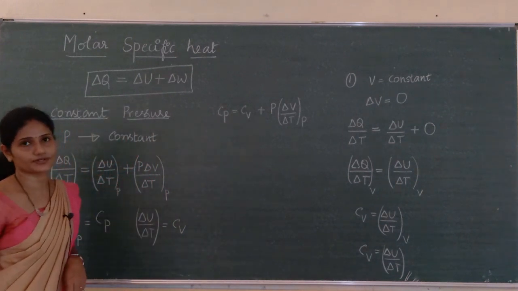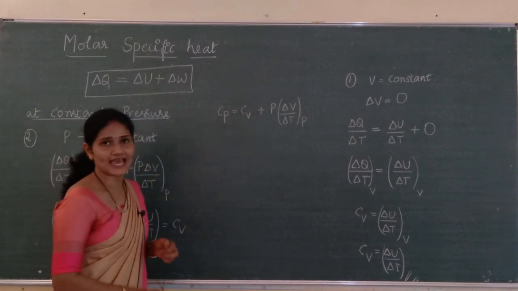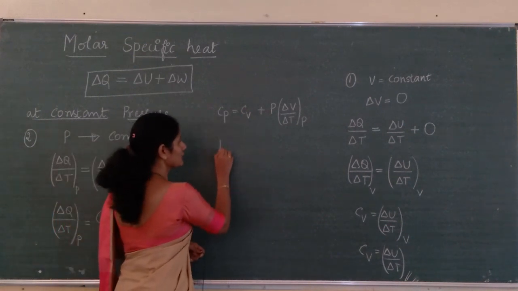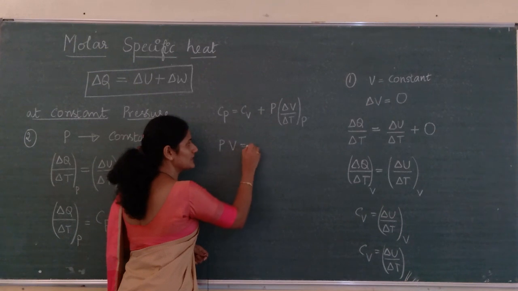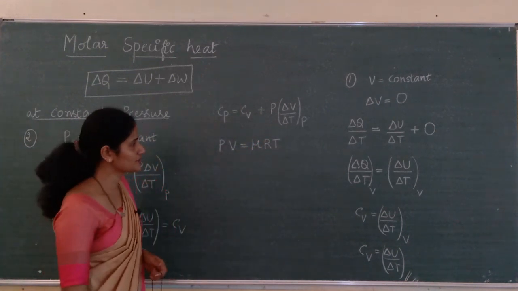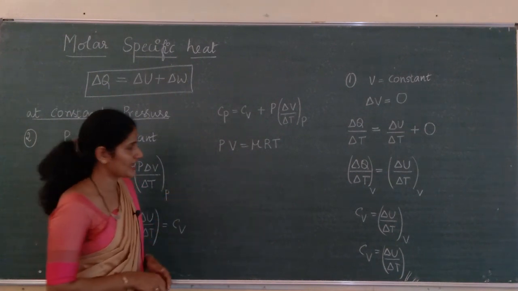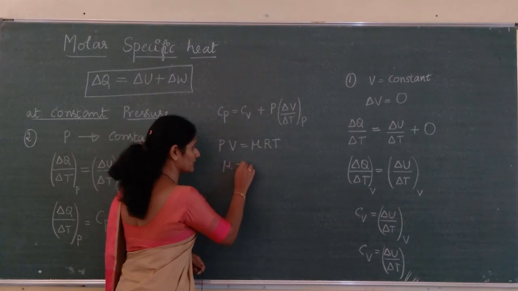For 1 mole of an ideal gas, we have the ideal gas equation PV is equal to mu RT. Here we have taken 1 mole of gas, so mu is equal to 1.